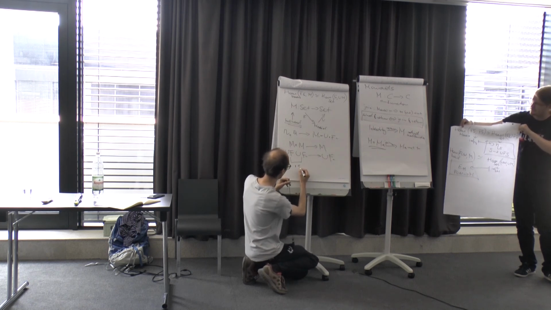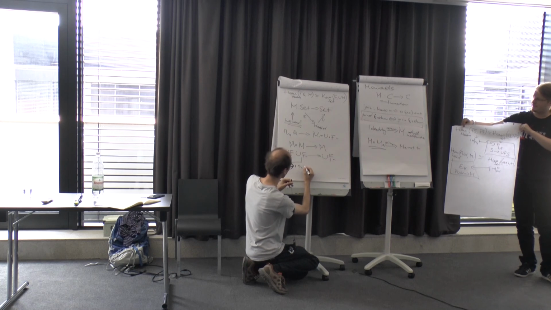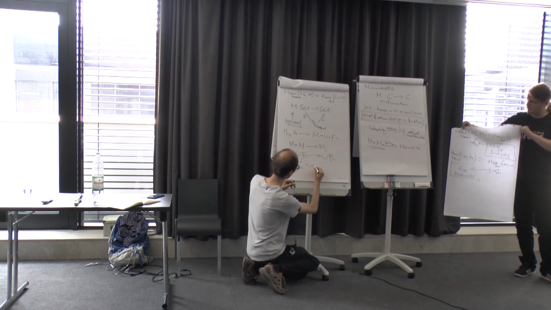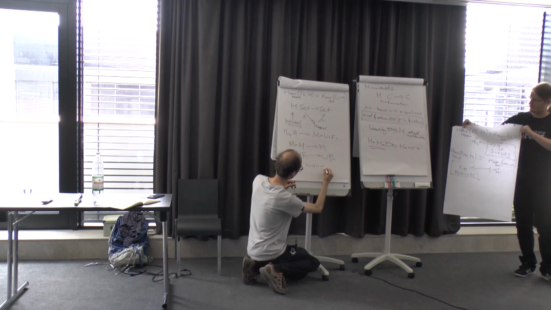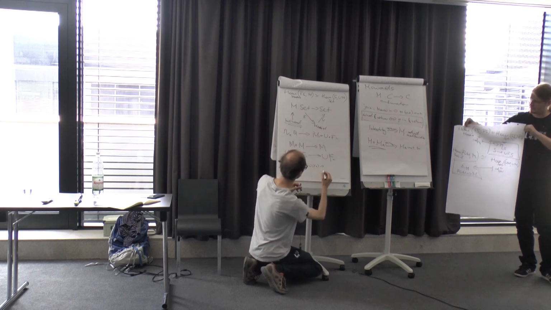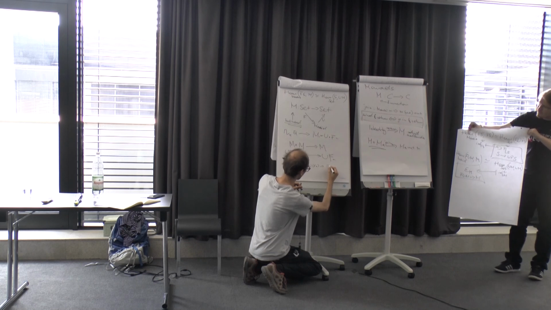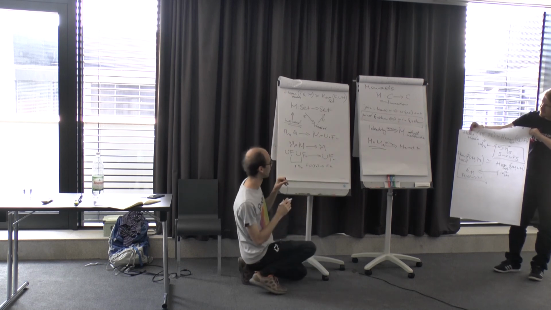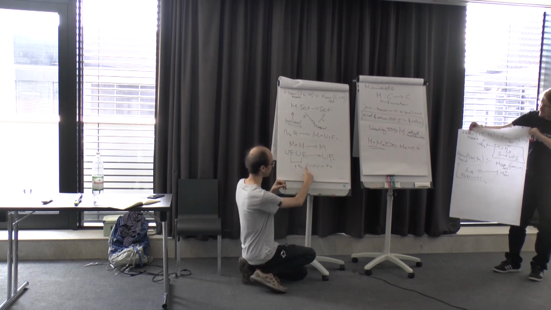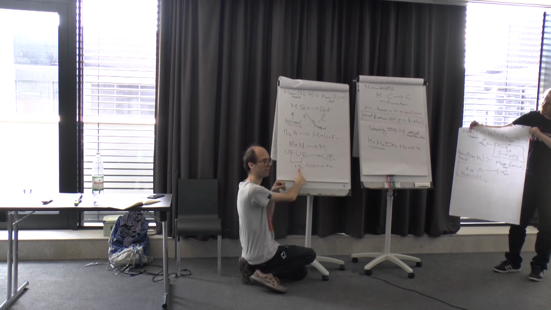Epsilon F of A will be a map from FU F of A to F of A, because it maps FU to identity, and this is the component we take.